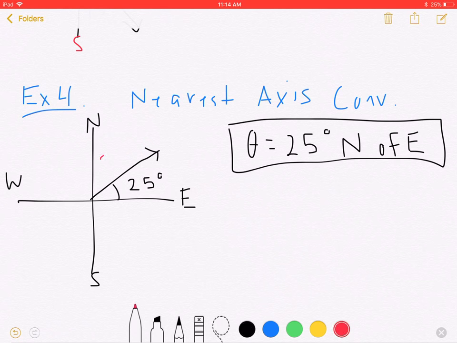Or we can choose our next closest axis, (90 minus 25). Our next closest axis would be 65 degrees east of north.